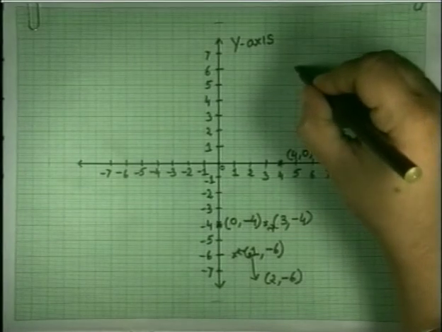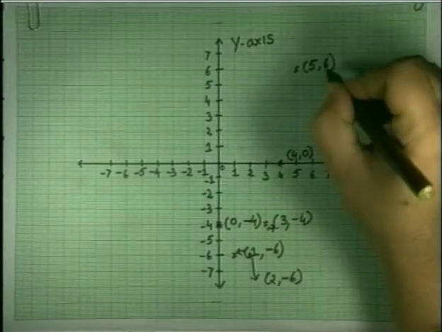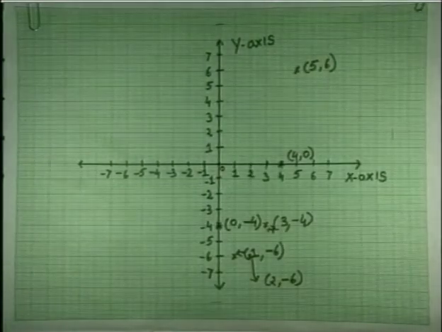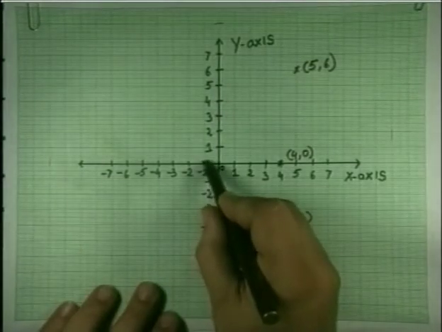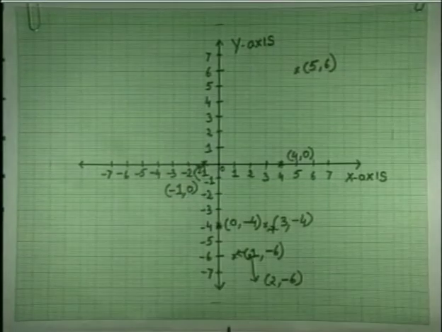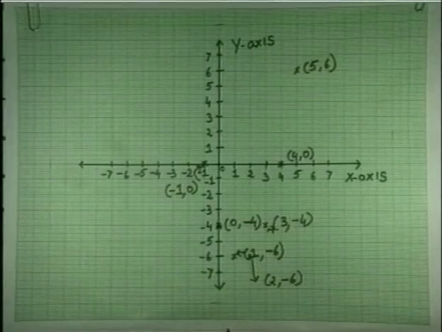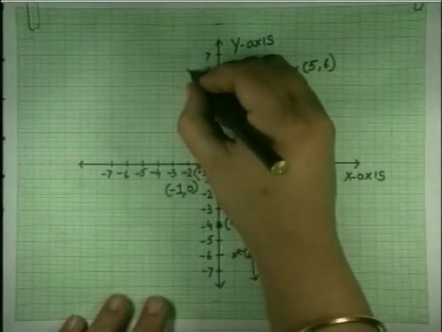The point is here, 5, 6. Now we take negative numbers minus 1 and 0. Minus 1, 0 comes here. Last point we take is minus 2, 6. Minus 2 and 6 here.